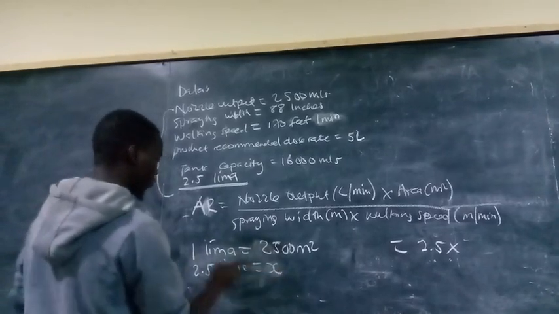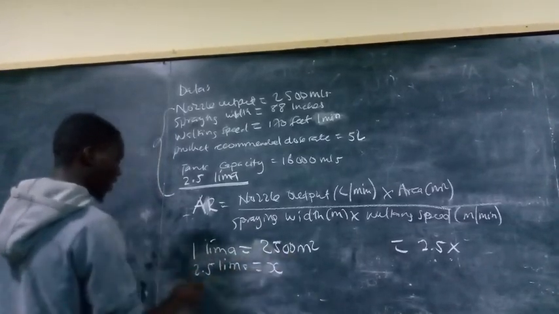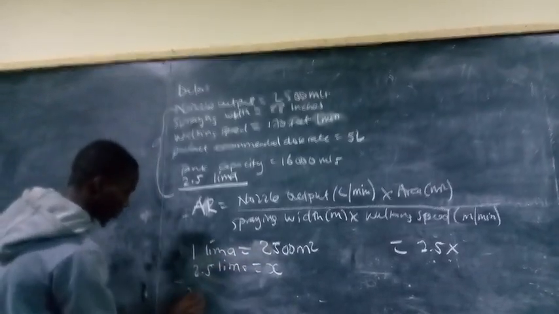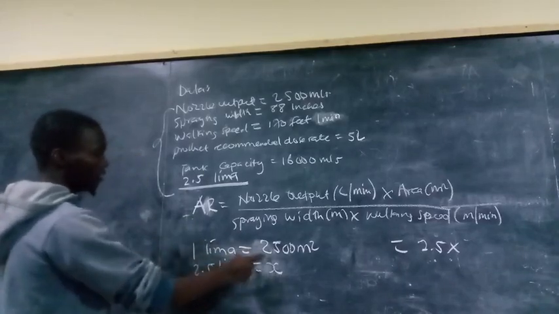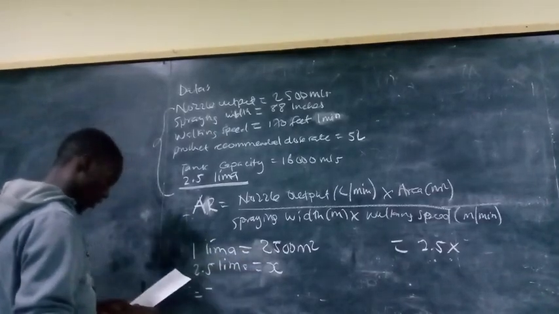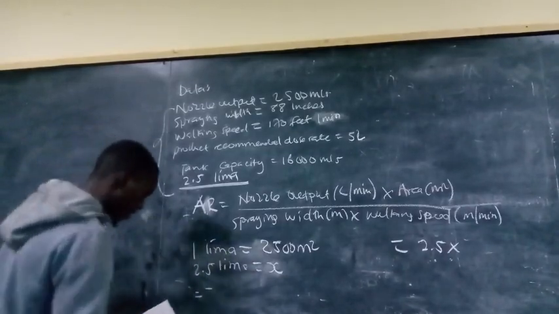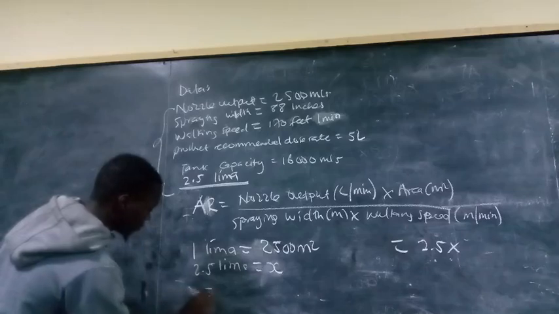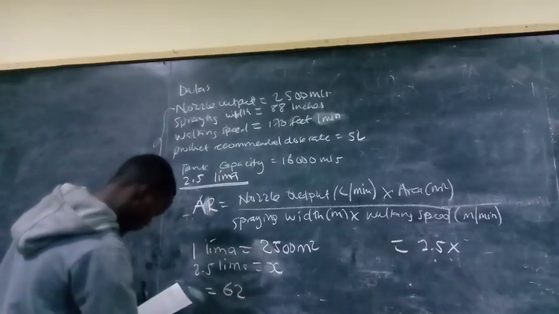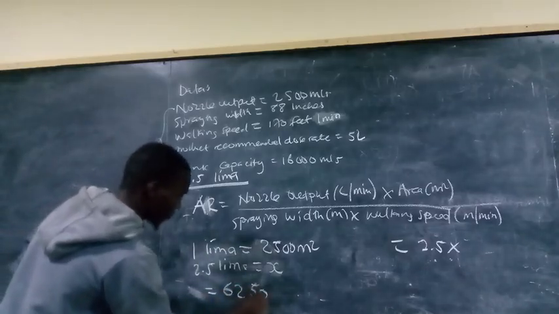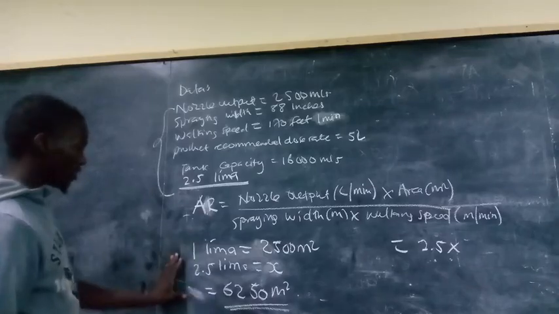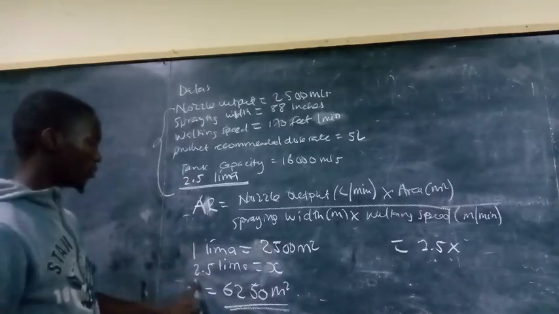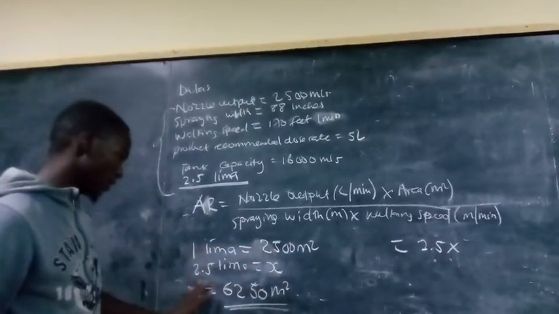You need to find x, you cross multiply there. So it's just the act of doing the multiplication here. 2.5 by 2,500, you get 6250 meter square. So we converted the 2.5 lima to the meter square, the area that we need.